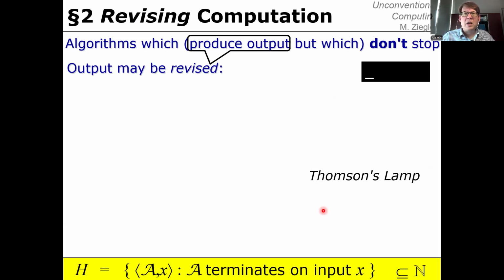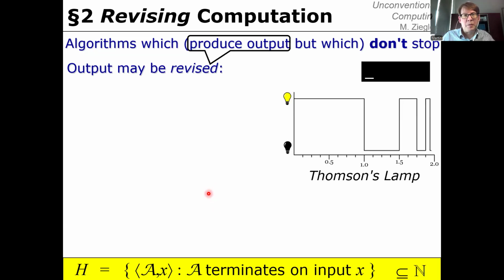We will accept only finitely often changing their mind, finitely revising, because infinitely often revising corresponds to a paradox in philosophy about Thomson's lamp, which also keeps changing its state from being turned on to turned off, turned on to turned off, faster and faster, accelerating switches so that after two time steps, it is switched off and on infinitely often.